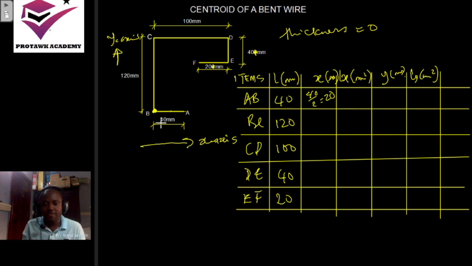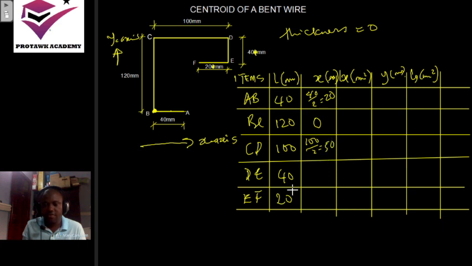Since the member contains no thickness, its centroidal distance from X is directly at the point of 0, so it will be equal to 0. Then CD: its centroidal distance will be half of 100, which is 50.